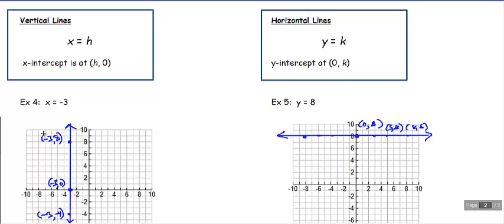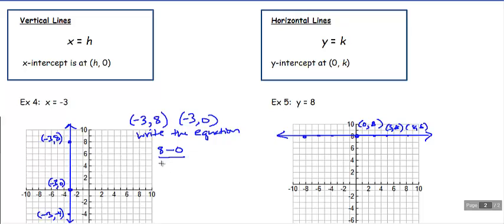So for instance, look what happens right here. What if someone gave me the points (-3, 8) and (-3, 0) and said, write the equation? Well, we know the equation, right? Because I'm going backwards here. But let's say this was a question. Probably you're going to find slope first. Look what happens when we find slope.